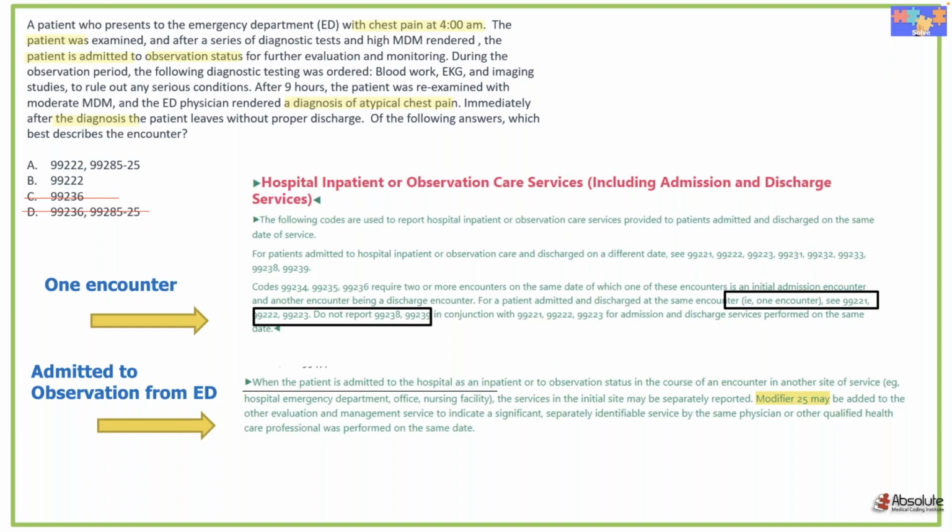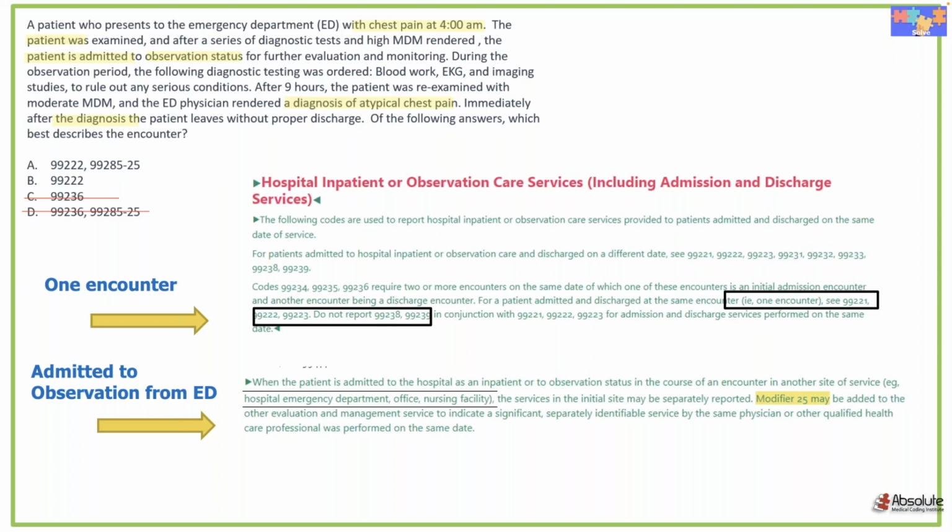When the patient's admitted to the hospital as an inpatient or observation status in the course of another encounter in another site of service, example, hospital emergency department, the services in the initial site, which is the hospital emergency department, may be reported separately and use modifier 25. So we can code both the admission and the ED visit.